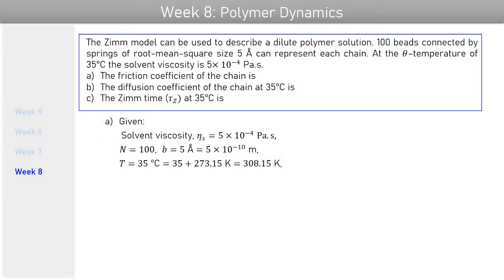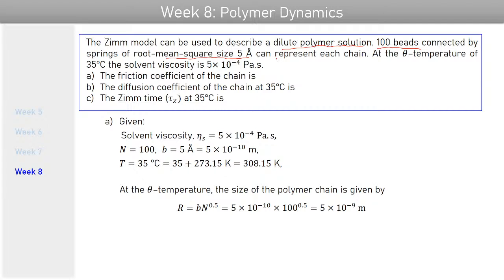So here we'll just briefly look at one example problem which is based on the Zimm model. In this problem we have a dilute polymer solution which can be described by the Zimm model, and the polymer is represented as consisting of 100 beads connected by strings. So it's a bead string model of the polymer having 100 beads, and the root mean square size of these interconnections between the beads is 5 angstrom.